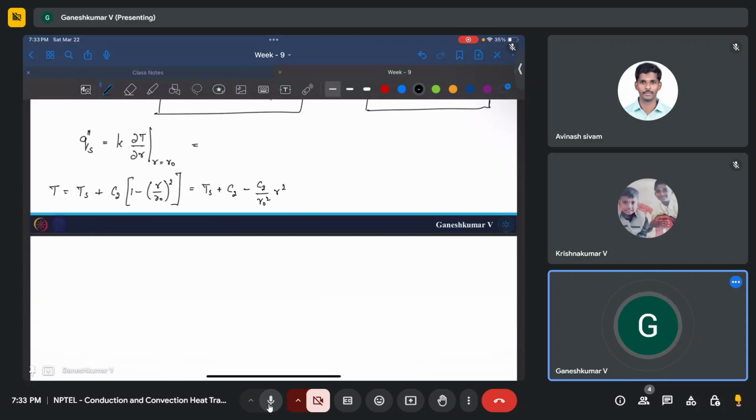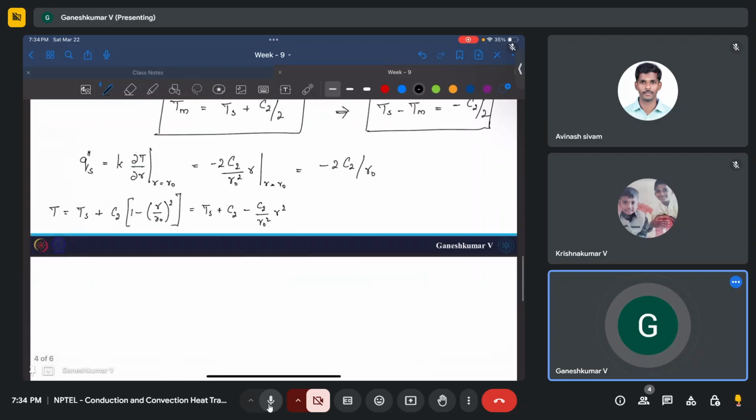So if you differentiate this temperature profile with respect to R, it is going to be simply minus 2C2 by R naught square into 2R, right? So you can write this as minus 2C2 by R naught square into R. We have to substitute it at R equal to R naught. So if you do that, 2 into C2 by R naught. Okay. So R becomes R naught, and you can cancel the R naught by R naught square. So it becomes 2C2 by R naught.